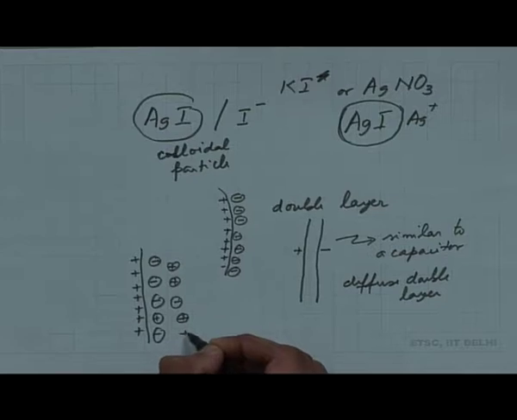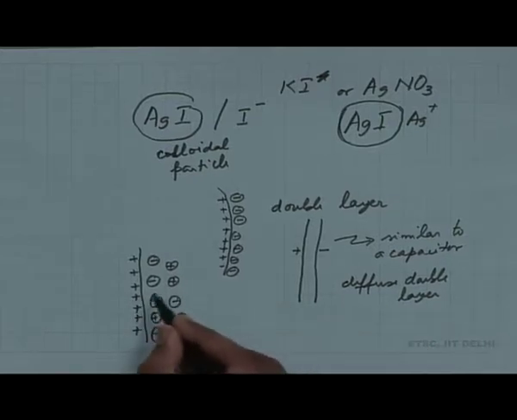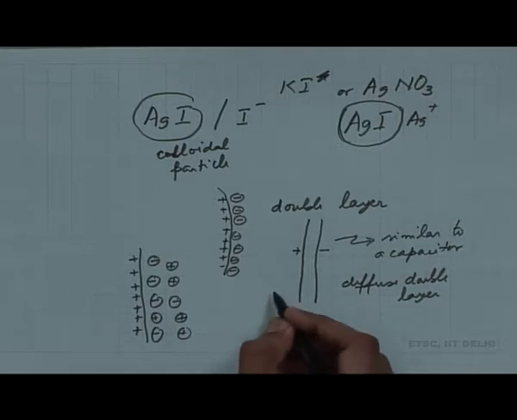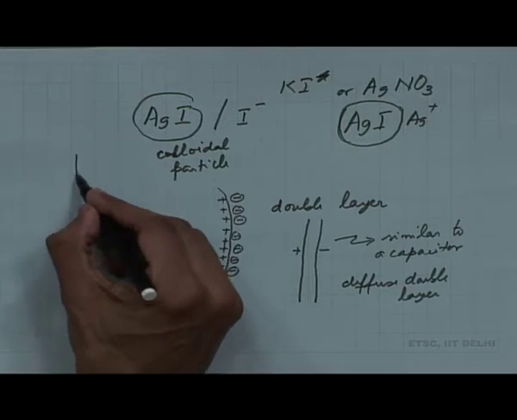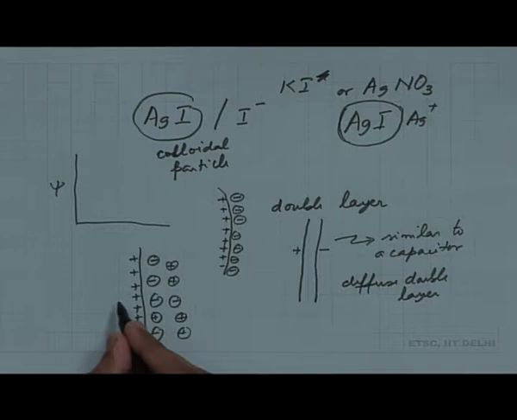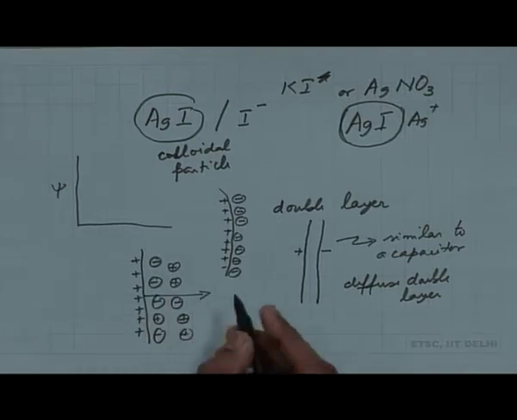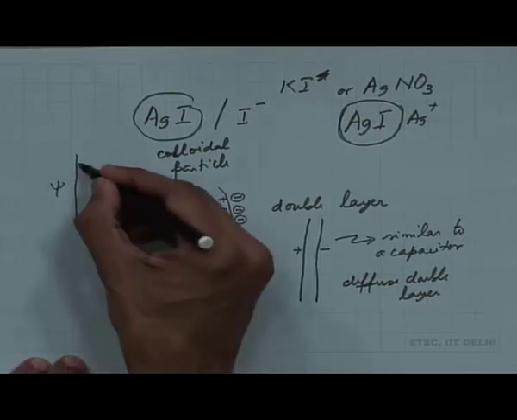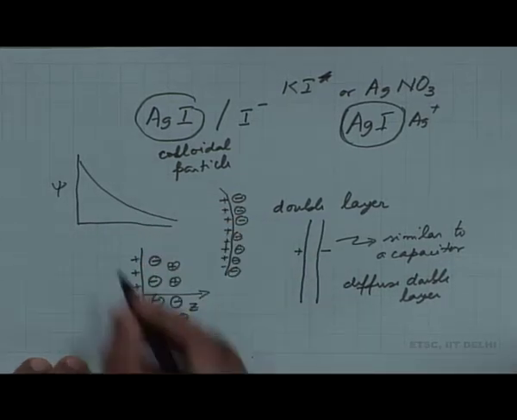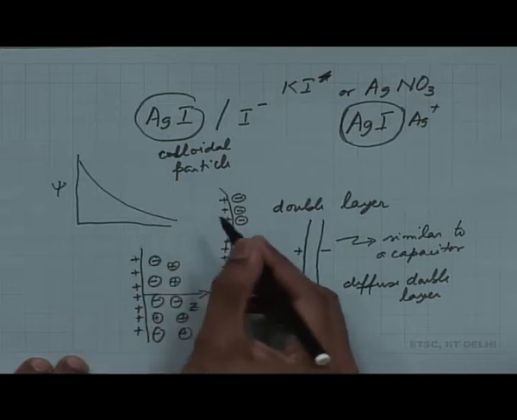And as you go out, if you are in the bulk, then there is equal amount of positive and negative charges. So, if you plotted the potential that is formed in this double layer as a function of the distance that you have got here, it looks something like this. So, this potential has an exponential fall off.